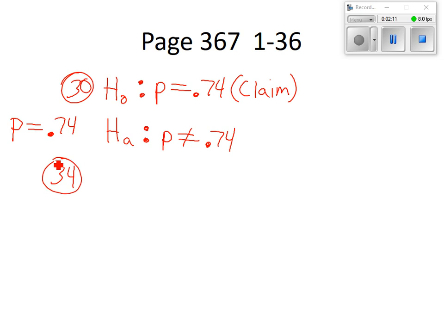It says, write sentences describing the type 1 error and type 2 error for the hypothesis test of the indicated claim. So 34 says, a researcher claims that the proportion of adults in the United States who own a video game system is not 26%. So first thing, just so that we can see what we're doing here, let's write our H0 and HA.